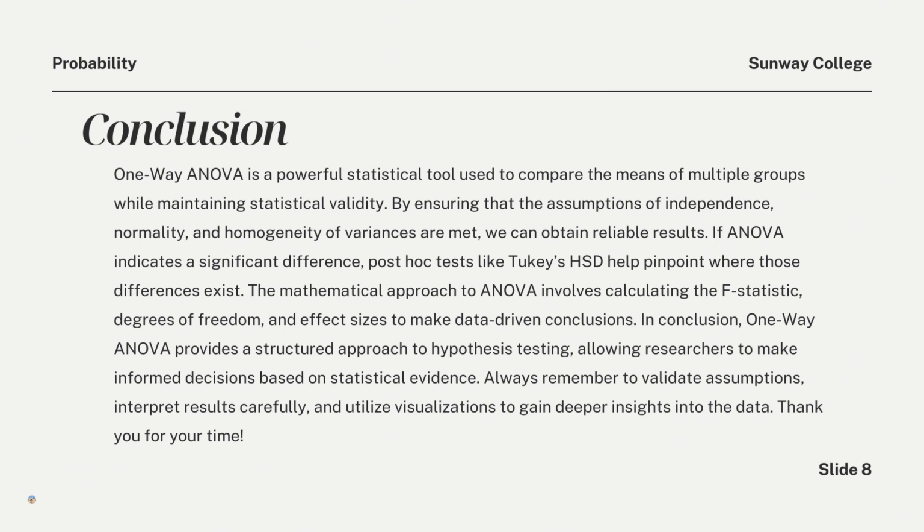When ANOVA shows significant differences, post-hoc tests such as Tukey's HSD help pinpoint which groups differ from each other. By understanding how to compute and interpret the F statistic, effect sizes, and p-values, we can make data-driven decisions and draw valid conclusions. Remember, always check assumptions, interpret the results carefully, and visualize your data to gain deeper insights.